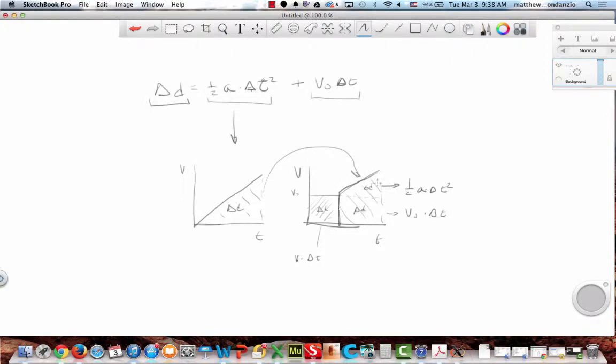So this whole trapezoid is this plus this. The amount of distance that I travel depends on my initial velocity over that time, plus the amount of accelerating for that same time. Does that make sense?